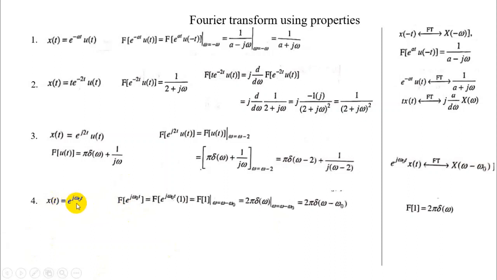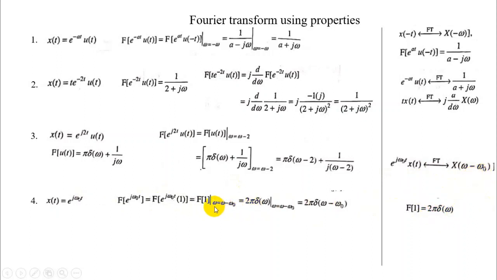Actually here, if you think that 1 is hidden, compared to e to the power j omega naught t, if we think that 1 is multiplied with that, and that 1 would be the x(t), and we already know the Fourier transform of 1 is 2 pi delta(omega), so our goal would be solved. So you need to replace 2 pi delta(omega) by omega minus omega naught.